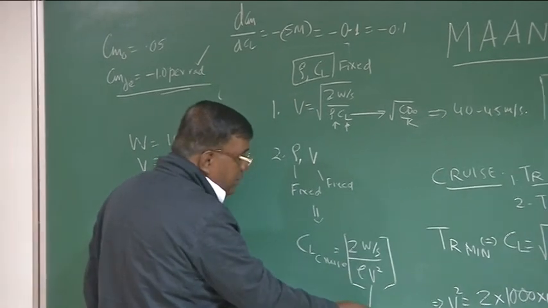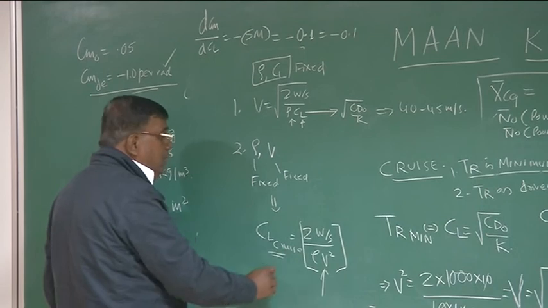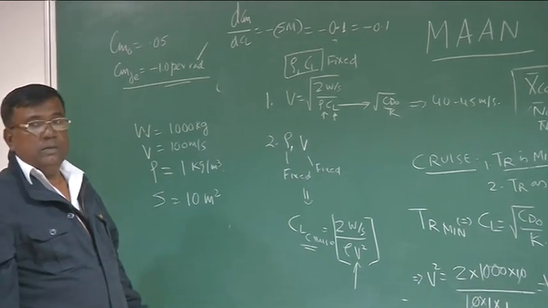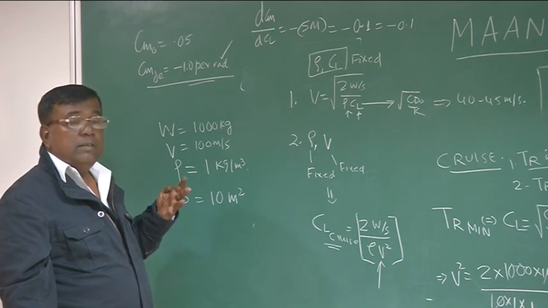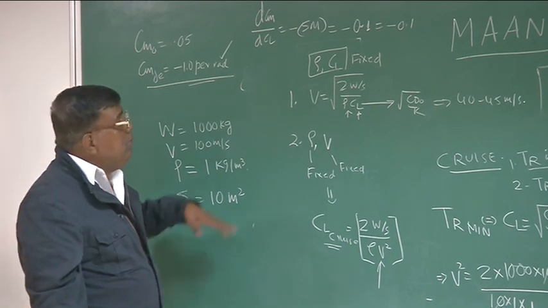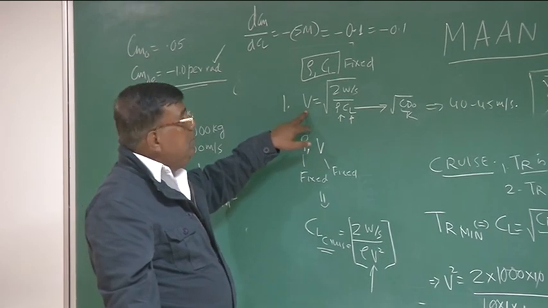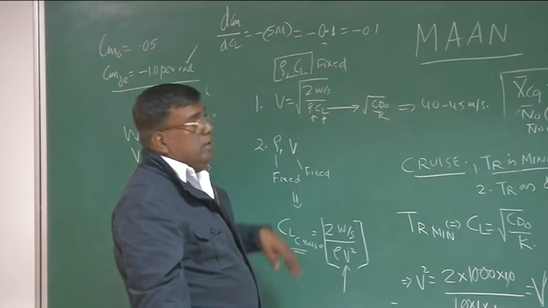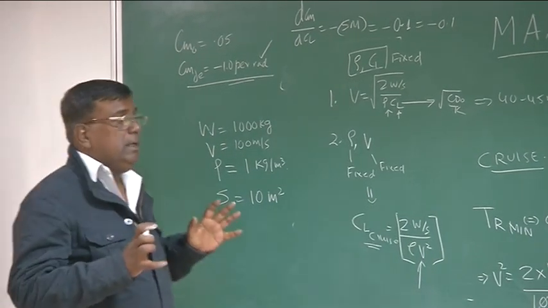If it's 100 meter per second, put 100 here, rho value, W by S put here, you will get a CL cruise at any altitude, but it is not necessarily CL for thrust required minimum. For CL for thrust required minimum, your V has to be related to rho and CL because you are not changing the altitude. Now, this is what the CL concept.